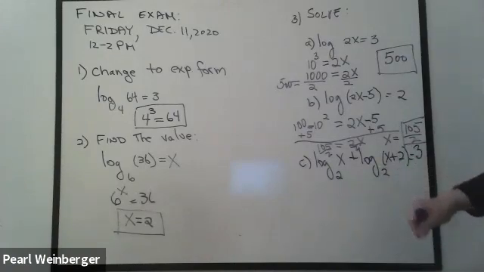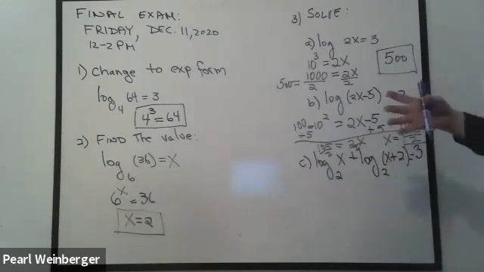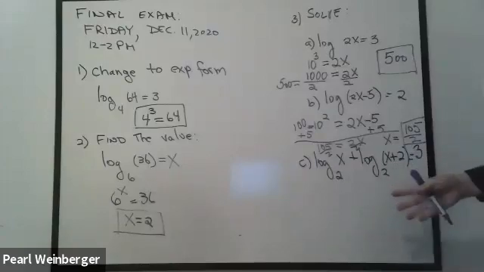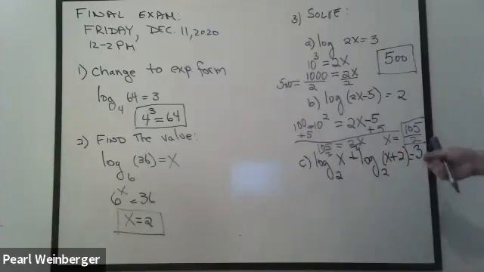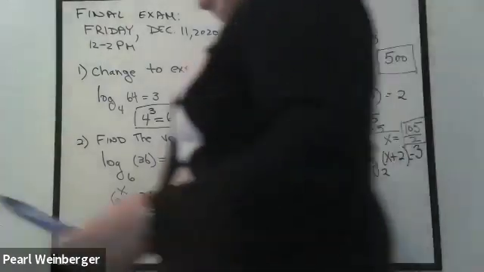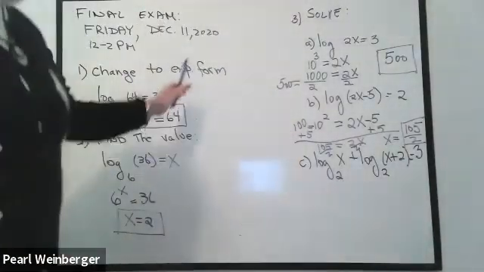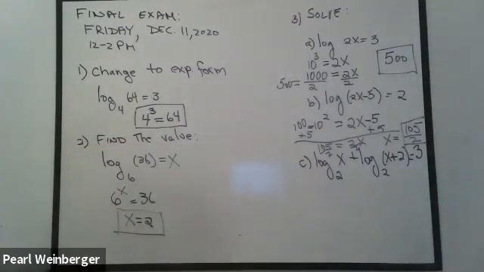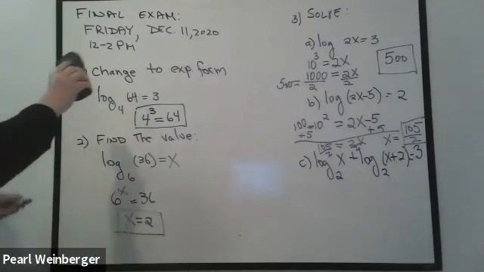If they want it in decimal form, you'll see by the type of answers they give you, just go to your calculator and do 105 divided by 2, and you'll get something like 52.5, which would be the decimal version. Again, usually they want just the fractional version. So now let's look at that last equation.